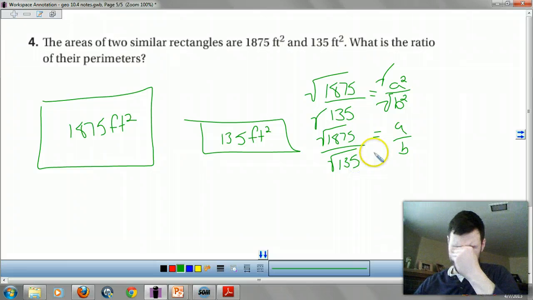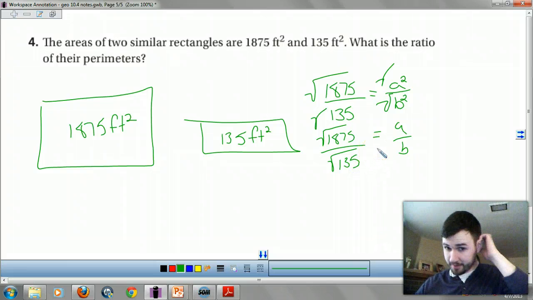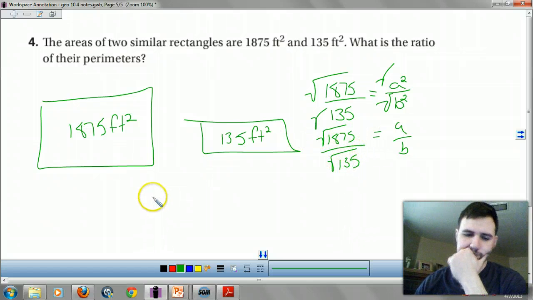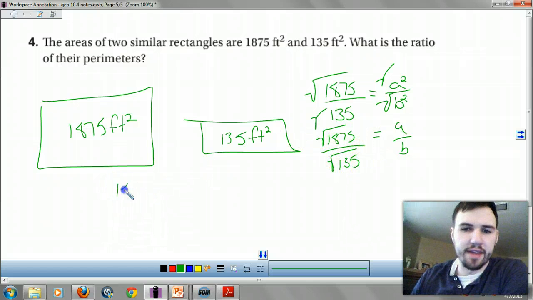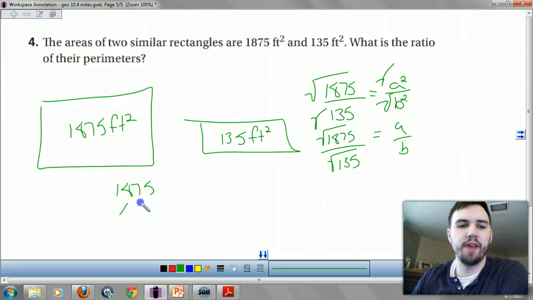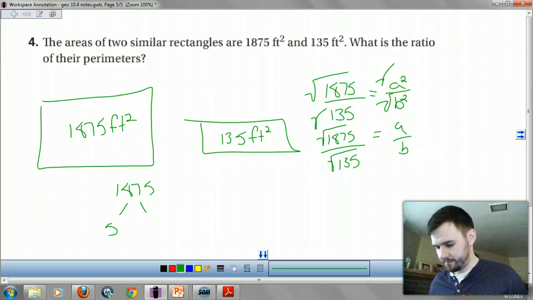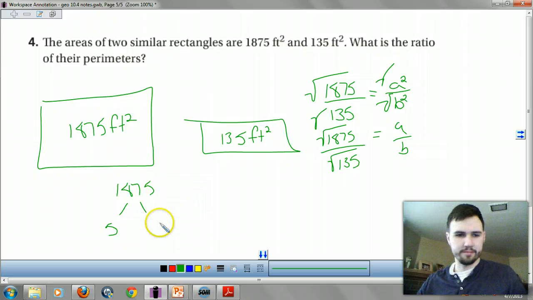Did these break down nicely? Let me think about it. Let's simplify these guys and see if they can. 1875, well, I know I can take a 5 out, and that's 375, right?